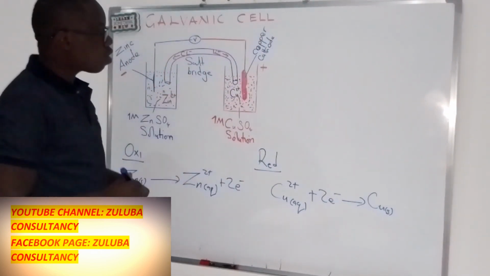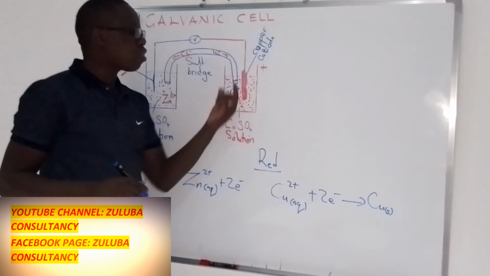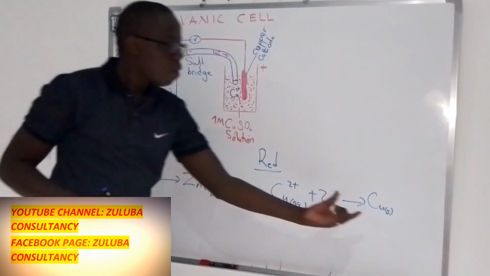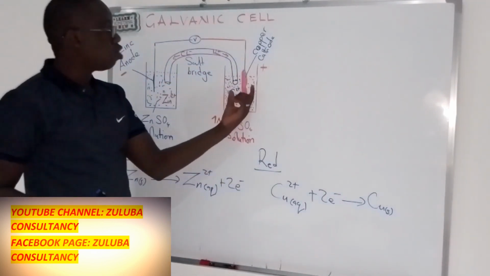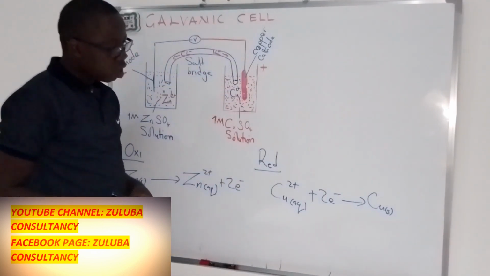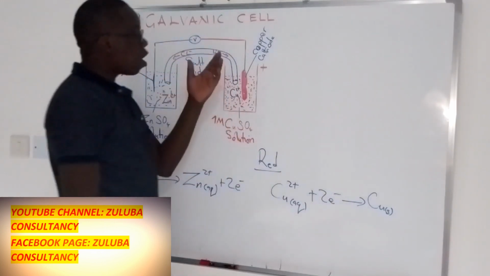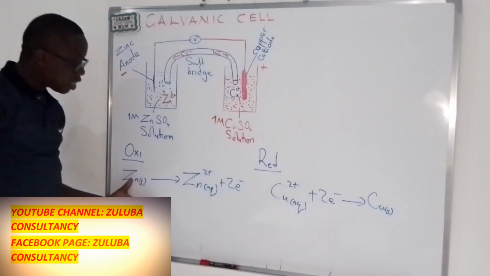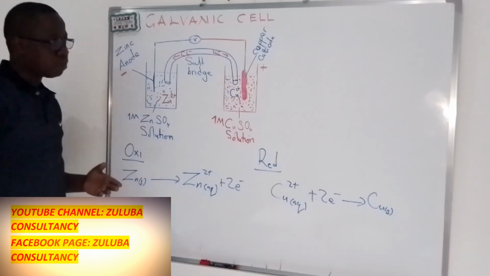And this is the reason why even the size of the cathode increases, because more solid substances are being accumulated on the cathode. So this takes place on the cathode of the galvanic cell, while oxidation takes place on the anode of the galvanic cell.